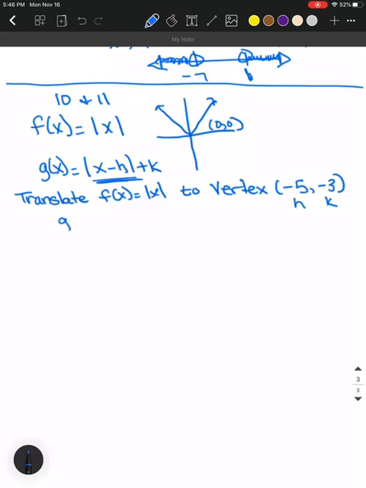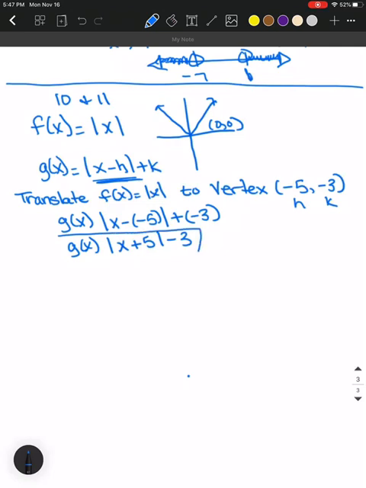So here we go. So my transformation is the absolute value of x minus, well, my h is -5, plus my k is -3. So all I'm going to do is clean this up a little bit. And we have the absolute value of x, double negatives makes that a +5, minus 3.